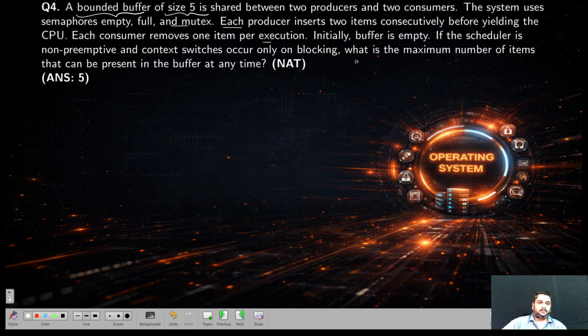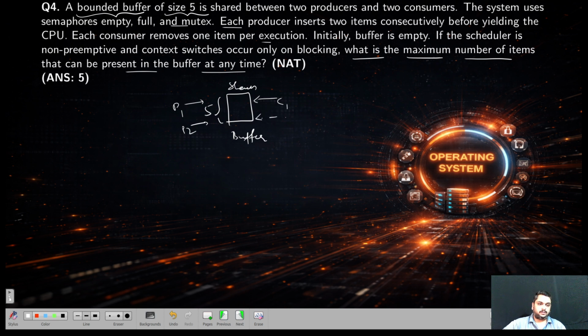Based on that, as in the previous example, you can just find out the maximum number of items that can be present in the buffer at any time. So they are saying there is a buffer, that is the concept of the bounded buffer. Its size is pi. It is shared between processes: two producers who keep on producing, and two consumers who keep on consuming.